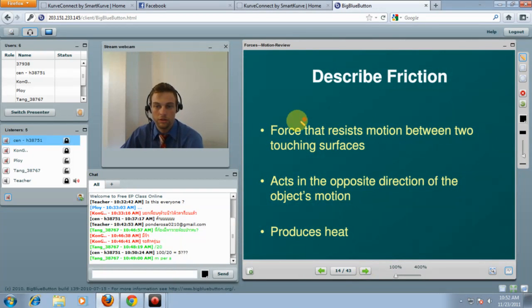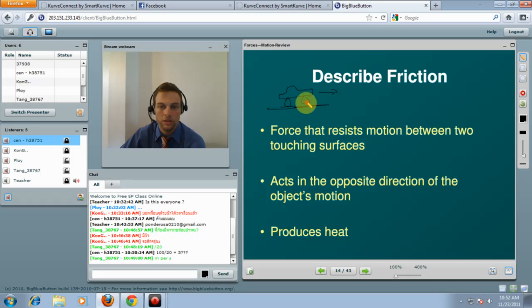So, friction. Friction is very important. It exists almost everywhere. It's a force that resists motion between two touching surfaces. Take a look at anything. When you slide, or when a car is driving, the wheels are touching the road. The beautiful monster truck car here is traveling this way.